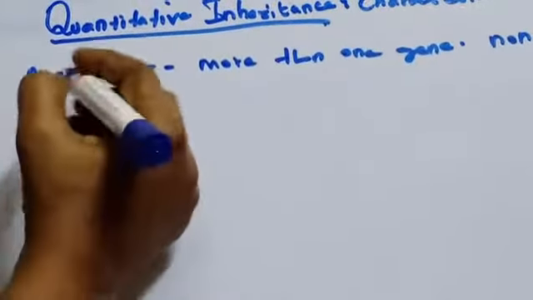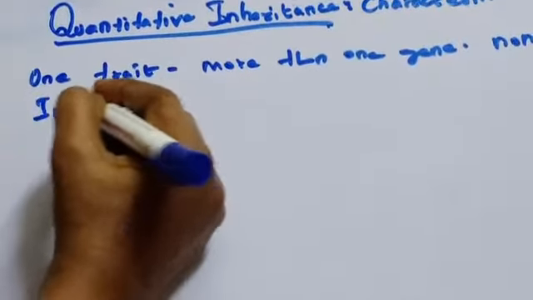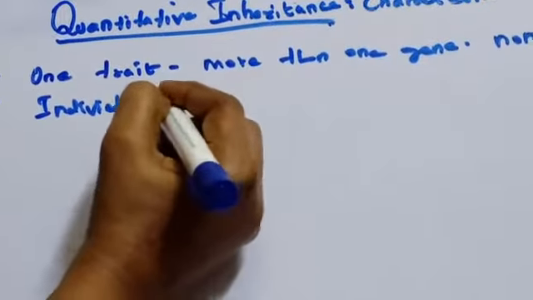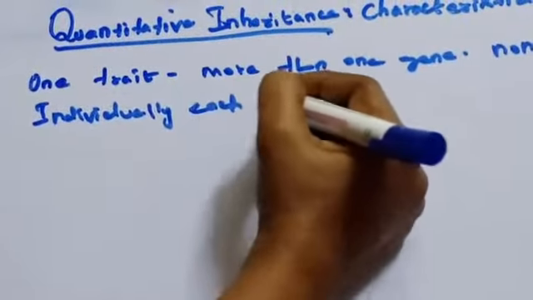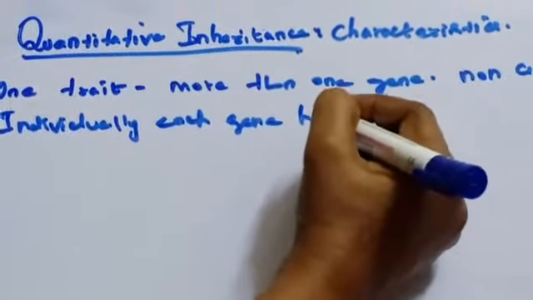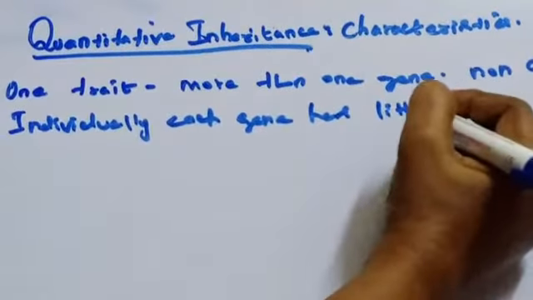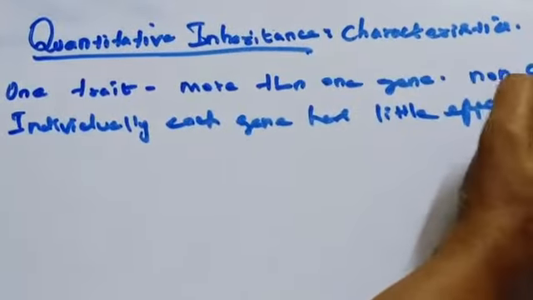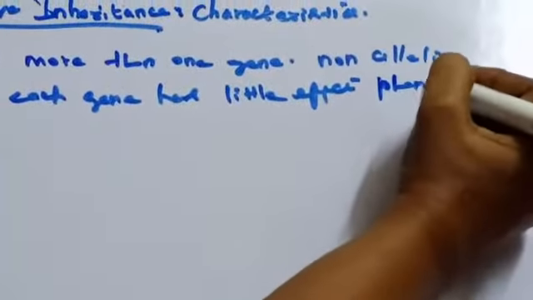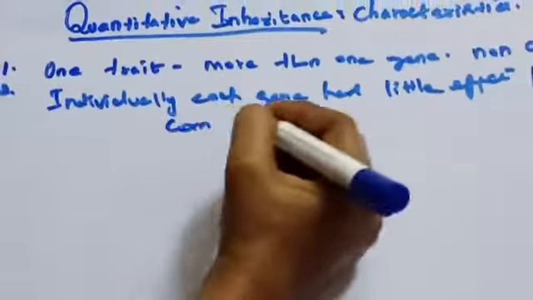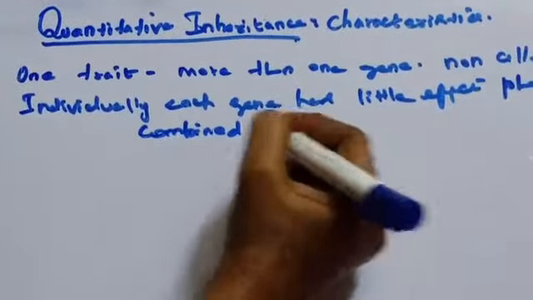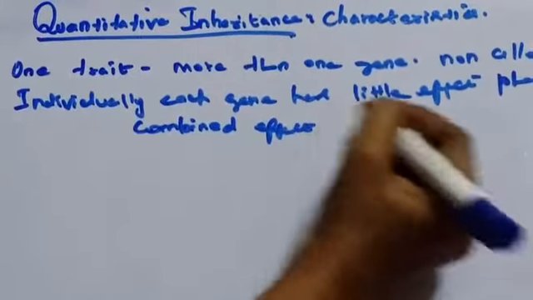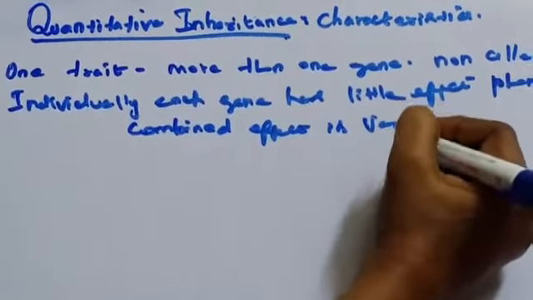The second character is that individually each gene has little effect on the phenotype. But their combined effect is very significant.